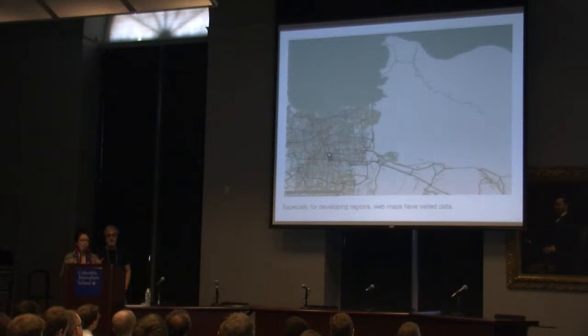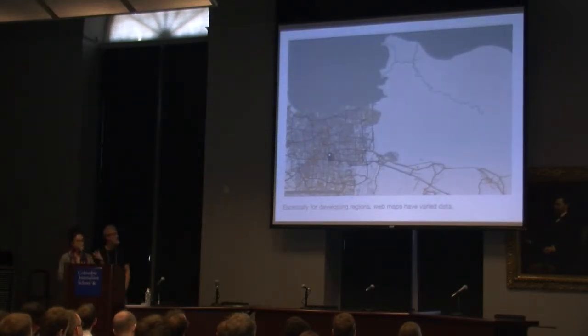All of these maps are incredibly useful. Our studio is based in Gowanus in a flood zone area, and so we were using all of these maps. But when it comes to regions that are not as information dense as New York City, the web map systems have varied data.